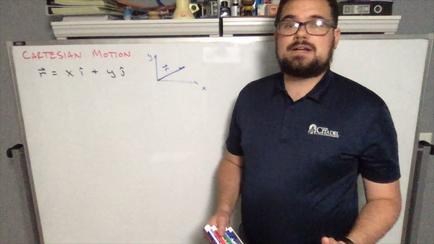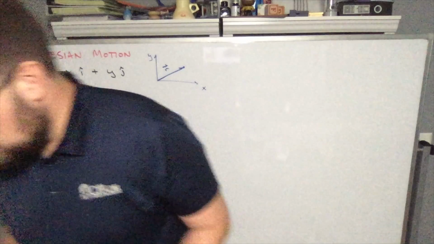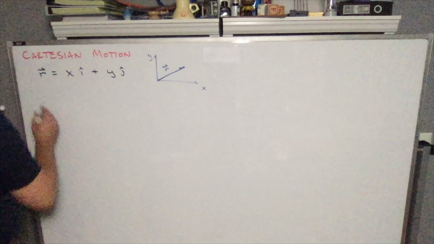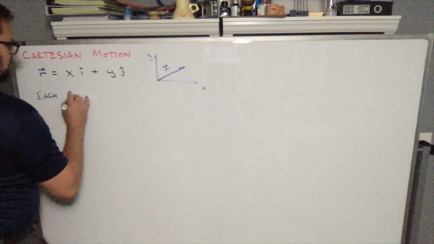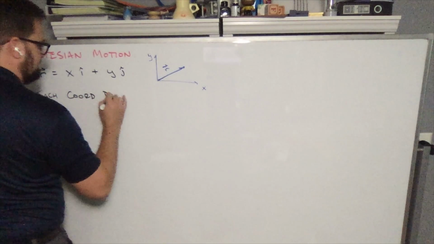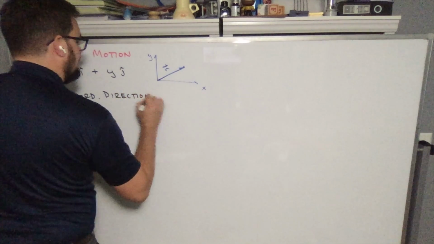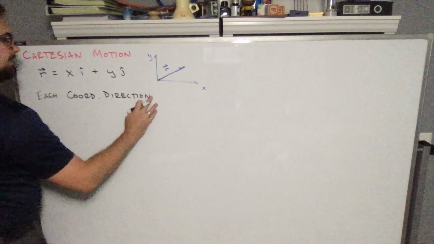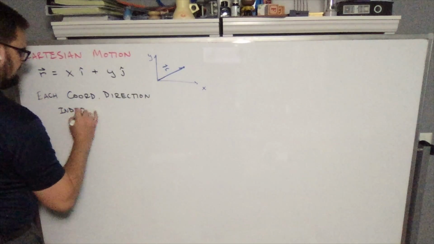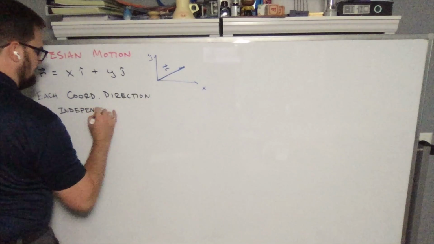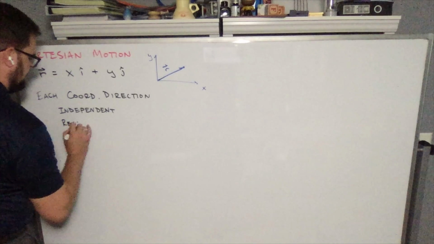This makes Cartesian vector coordinates easy to work with because the kinematic properties for each coordinate direction are going to be independent and rectilinear.